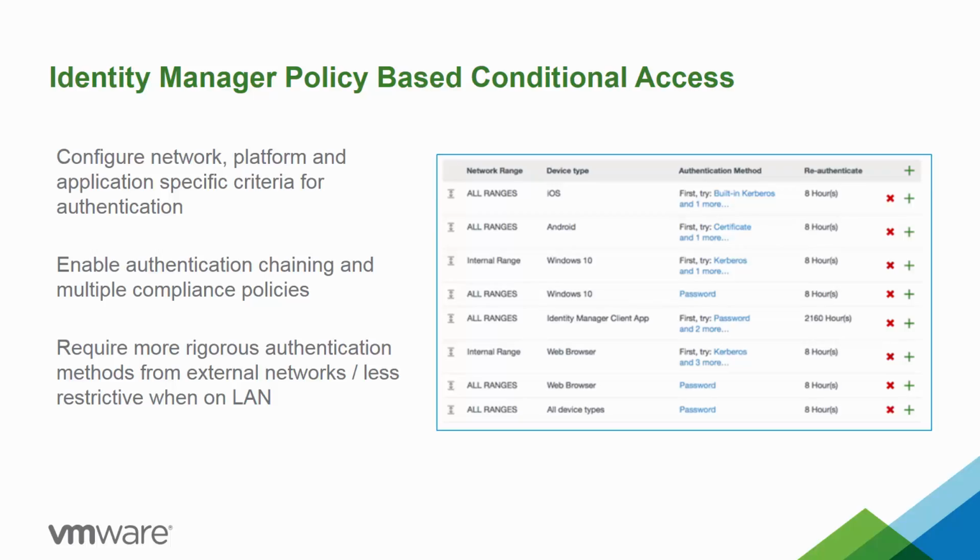So with these policies, you can get very specific. You can require maybe dual-level authentication for external networks, whereas on the internal network, you only require a single authentication. Again, you can get very specific to make sure that when those users are connecting from unsecure networks, you can require that extra bit of security to make sure that your environment stays secure.